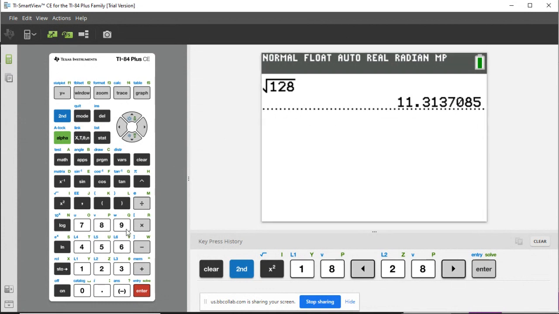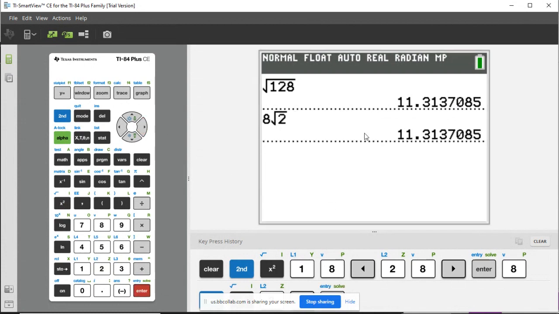And if I use the simplified 8 times the square root of 2, I should get the same answer in here. Look at it, you simplify this one and you got exactly the same answer. And if you round to 3 decimal points, we have 11.3137. We only need to care about the next digit here. So this will be 11.314. All right, so let's go back here.